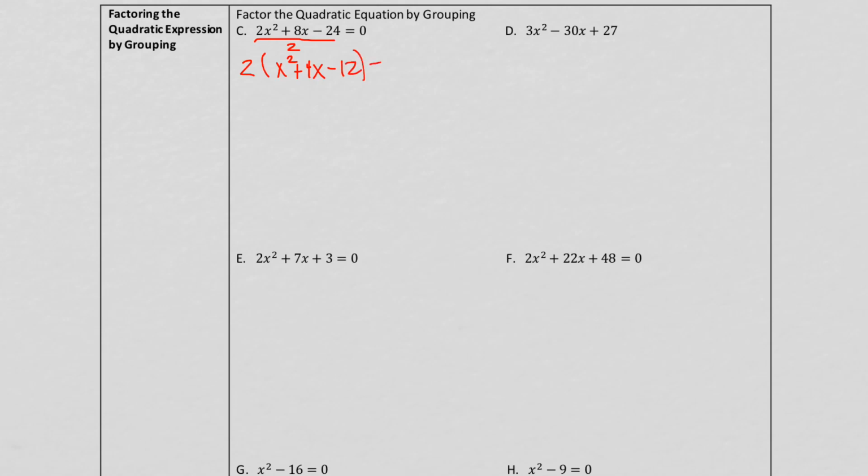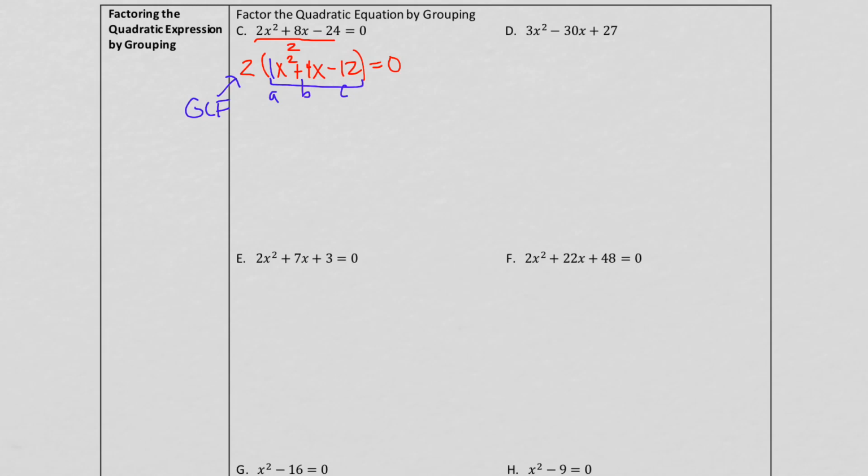So in this case, I can first take out the GCF, which is going to be a 2, and get it out of the way, so to speak, and I can now just focus on that quadratic. So now looking at just that, I can identify A as 1, B is 4, and C is negative 12. With that, I can find the discriminant really quickly, so I'm going to go a little faster now.